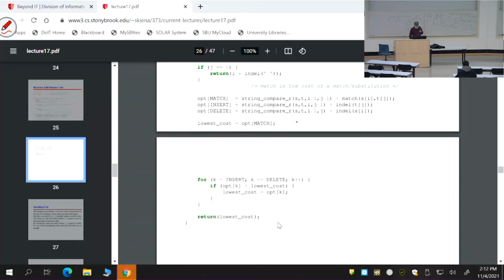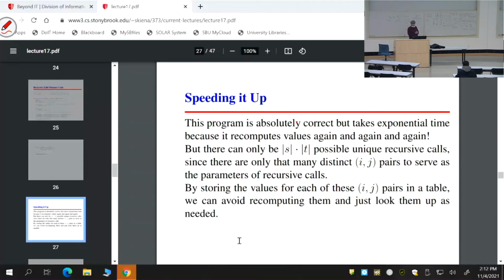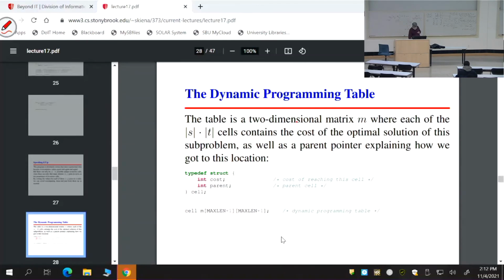The key idea of dynamic programming was, why don't we instead store each of the answers for each of these subranges in a table so we don't make the recursive calls. That's the idea of dynamic programming. So here, let's look more closely at the dynamic programming implementation.